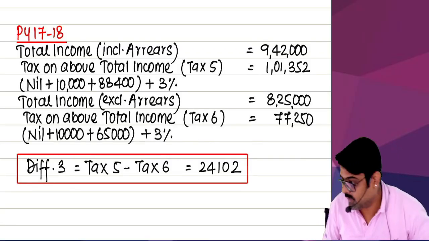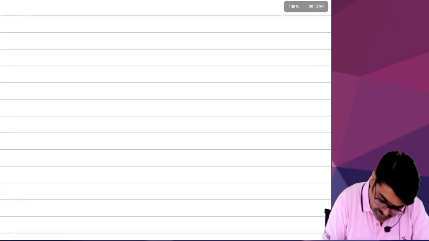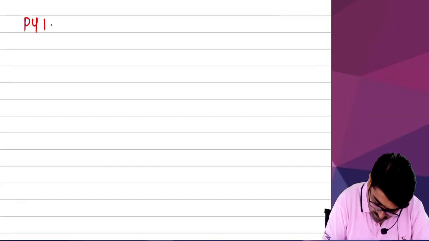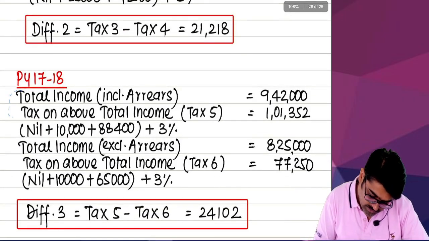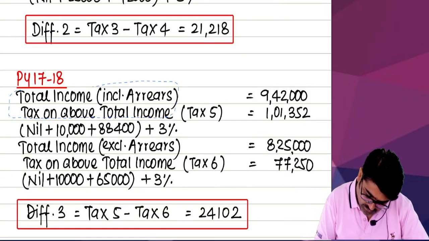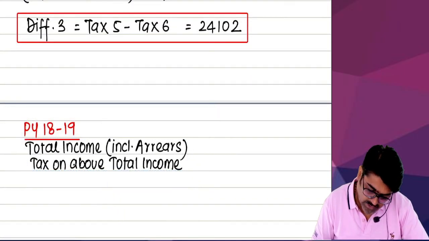Okay. Now which previous year? Previous year 18-19. Total income and tax liability. Total income including arrears.